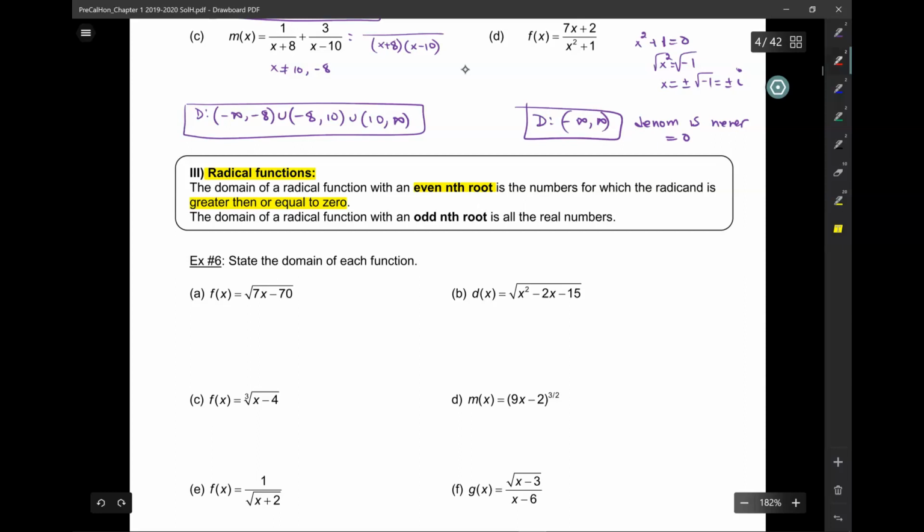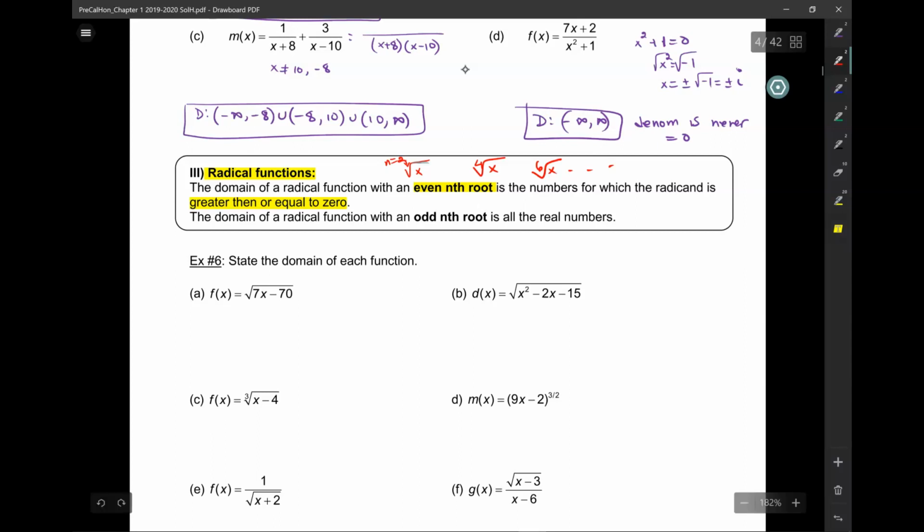So, for example, if I have a square root of x, what's n in here? It's 2. If I have a fourth root, a sixth root, and so on, I have to make sure that the number inside is greater than or equal to 0.